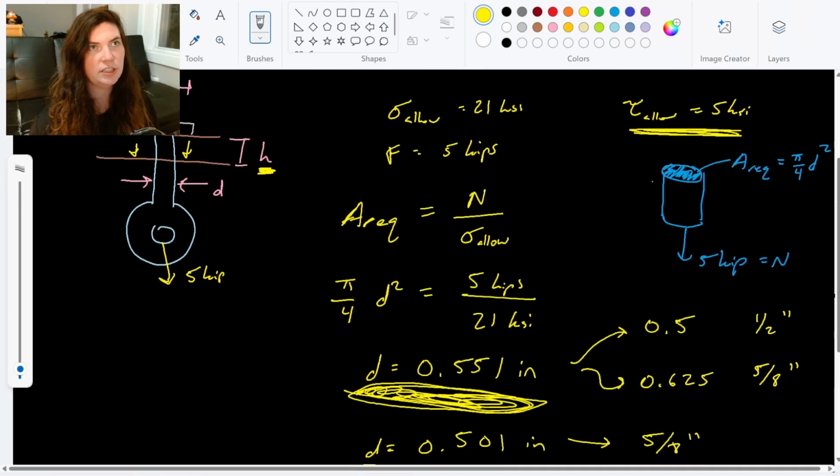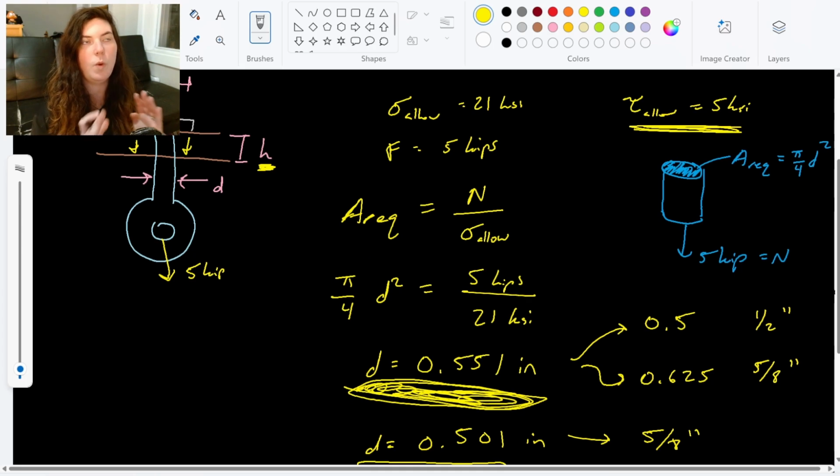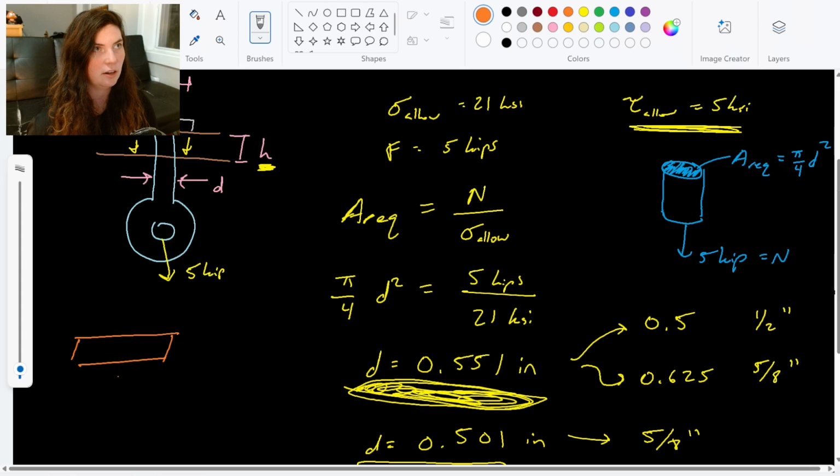Now, in this case, your shear is not like your axial one, right? Your shear is happening on this plane where the surfaces are kind of rubbing against each other. That's where our shear is occurring. Our shear is always happening along the same side. You'll recall when we were dealing with shear, if I have these bolts where these two interact, my shear is happening in the same plane as the area.